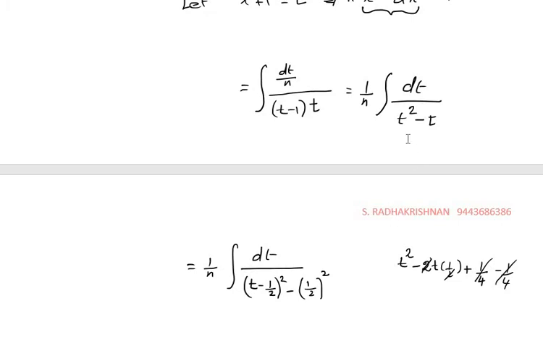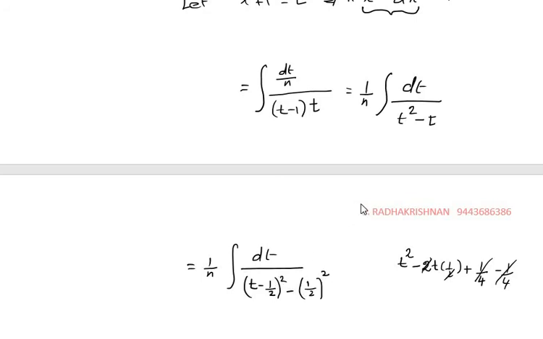First, make the coefficient of t square 1. Then t minus half of the coefficient of t. Here the coefficient is 1, therefore its half is 1 by 2. t minus 1 by 2 the whole square, minus the square of this number. That's all. This is the completing the square method.